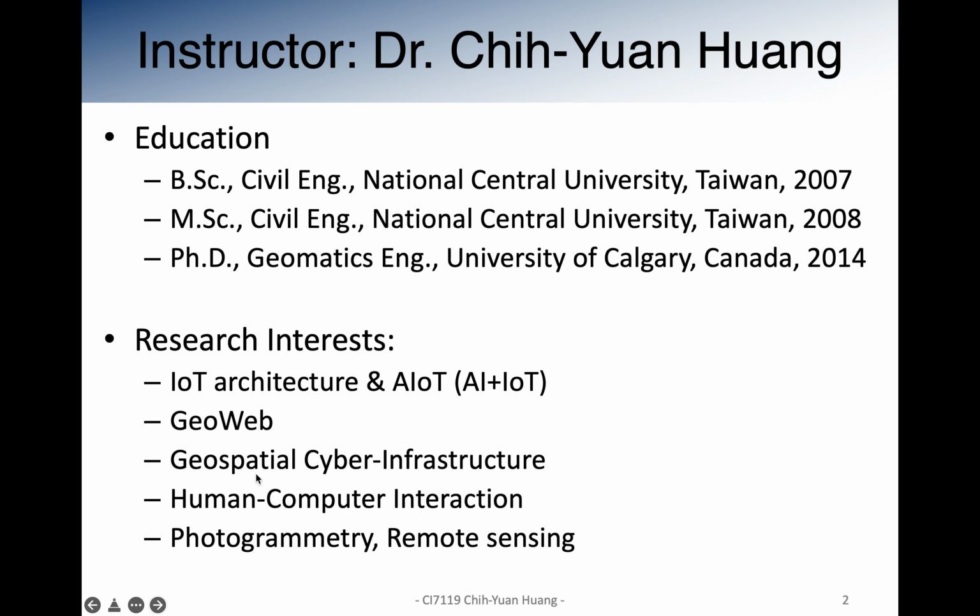So it's kind of like any type of GIS system. Another recent research interest that I have is human-computer interaction, especially human-computer interaction with the IoT, the Internet of Things. Besides that, my research interests are also in photogrammetry and remote sensing topics as well.